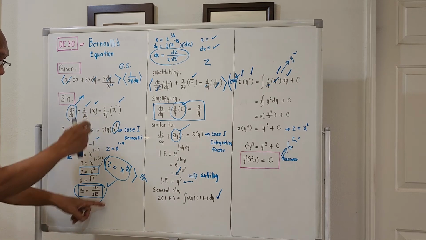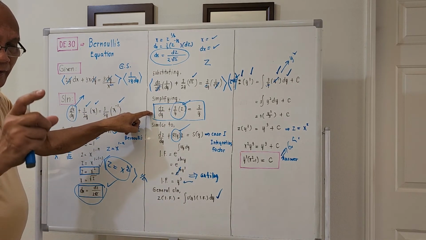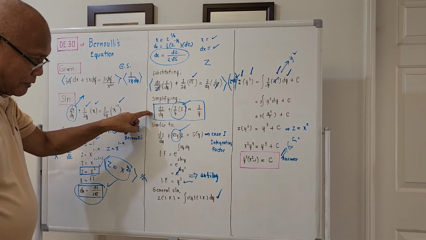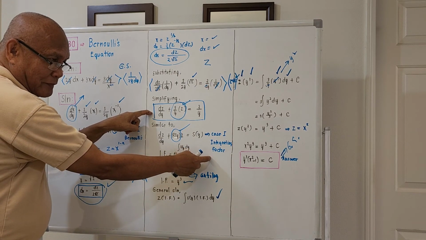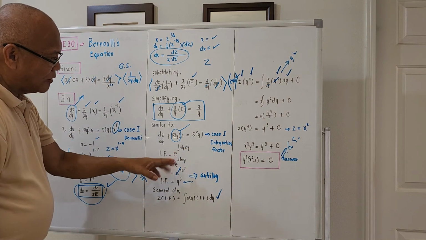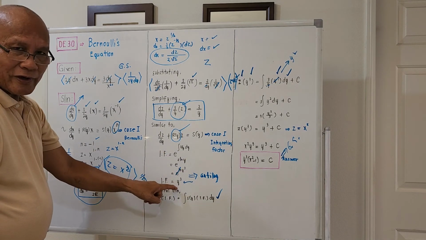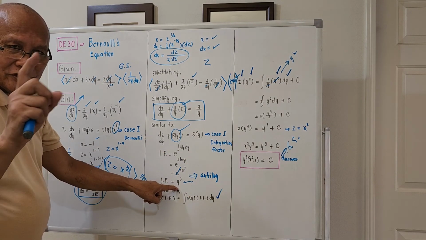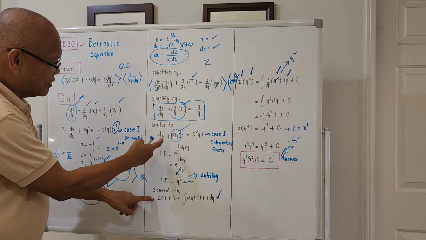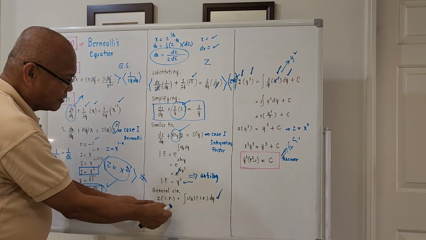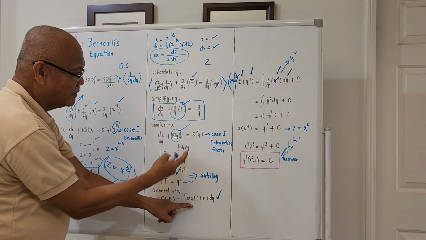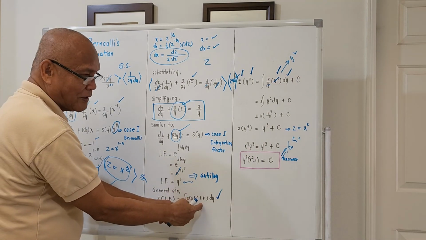You put it back here, and what will come out will be a differential equation solvable by using integrating factor. After identifying the exponent of the integrating factor, it will be y cubed. For the general solution, z times the integrating factor equals the integral of s of y times the integrating factor dy.